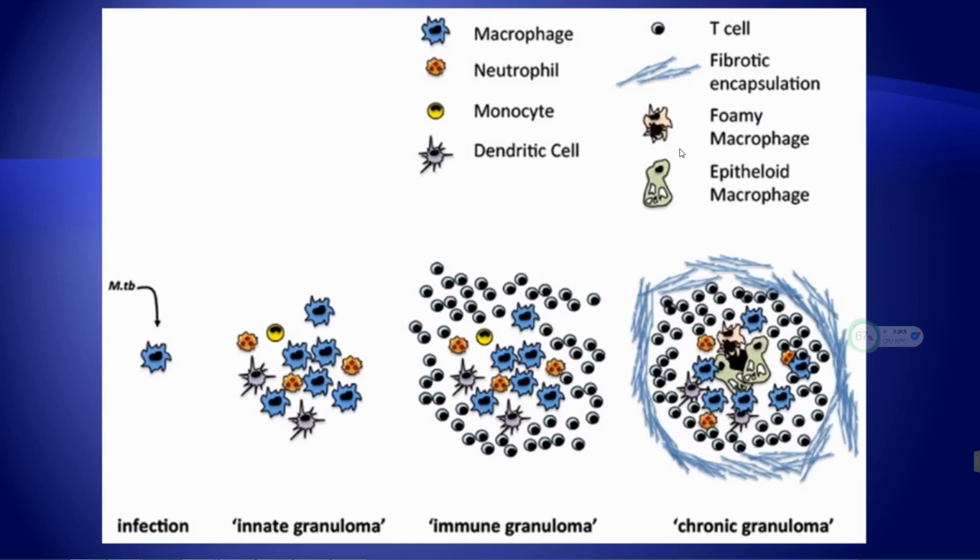It makes sense to mount a response against something that's highly conserved because it's there all the time. This particular protein is going to be expressed quite a bit. So our immune system is seeing this molecule, ESAT6, and we do mount a response against it. It makes sense. But the function of this protein, ESAT6, is to stimulate and keep the granuloma formed.